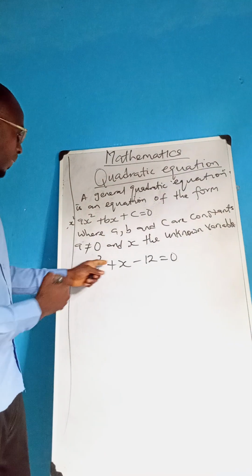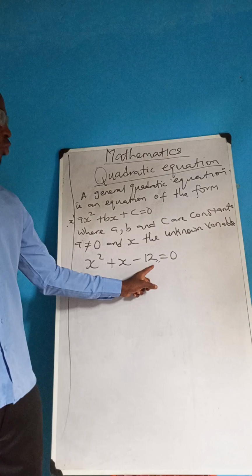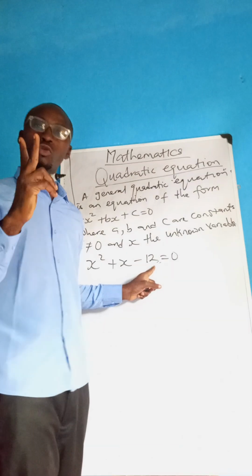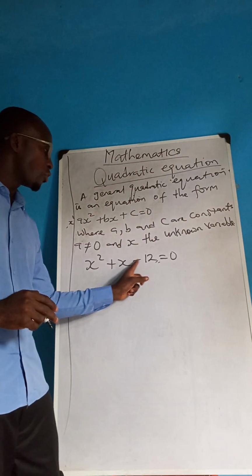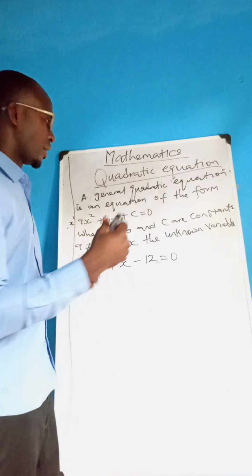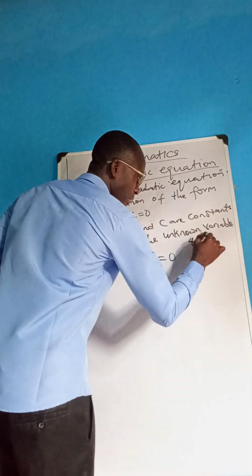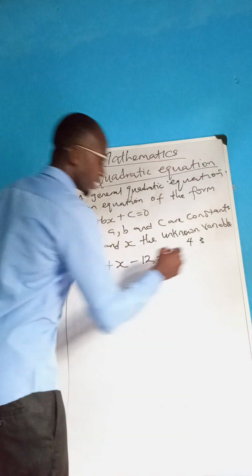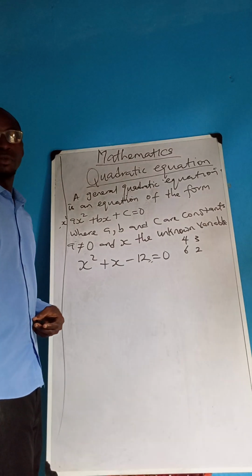Now look at this. We have a number here, which is 12. Now you look for two numbers that you can multiply to give you minus 12. What are two numbers we can multiply? Let's say we can multiply 4 times 3 to give us 12. We can multiply 6 times 2 to give us 12.